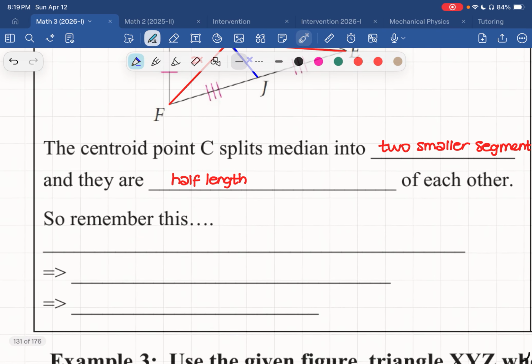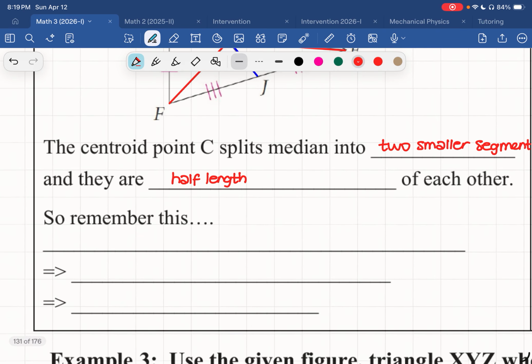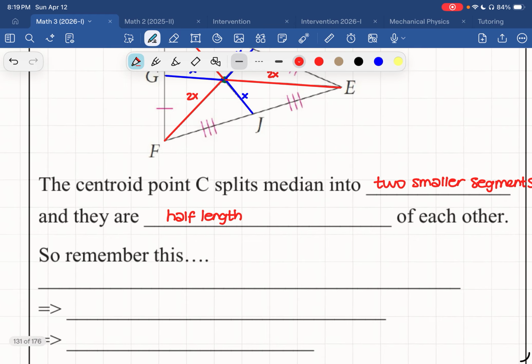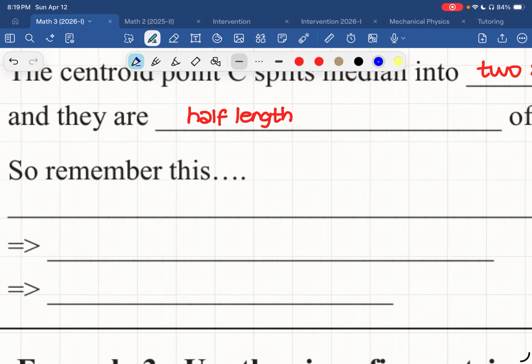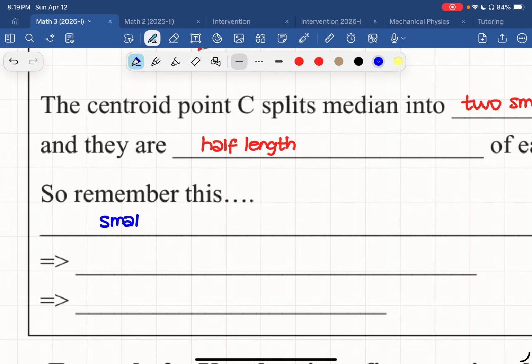So what we can say is, the small plus the large is equal to the whole thing, right?